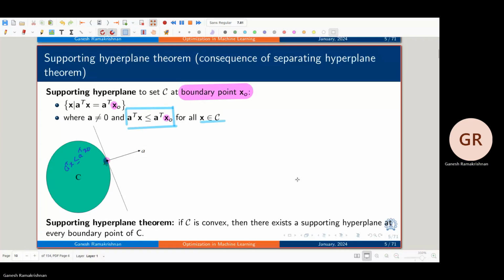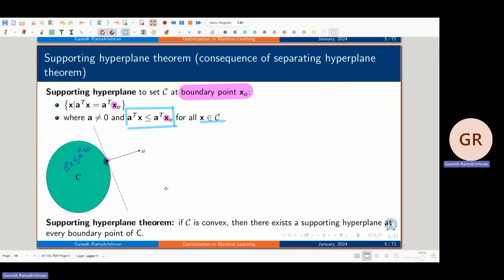Okay, so this is exactly what I was trying to say. At least let's take the simple example. If I have X naught here, then I know that if I have a separating hyperplane, then that separating hyperplane ensures that A transpose X naught is greater than or equal to A transpose X for all points in the interior of X. Right?